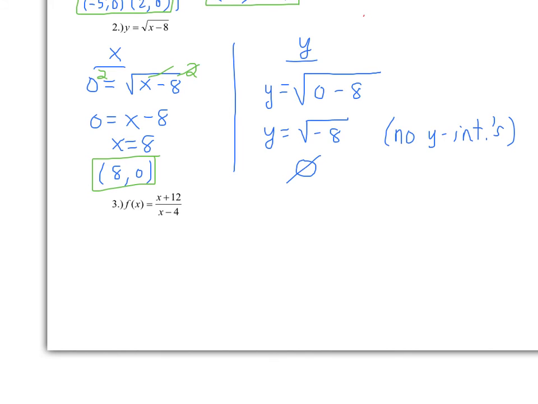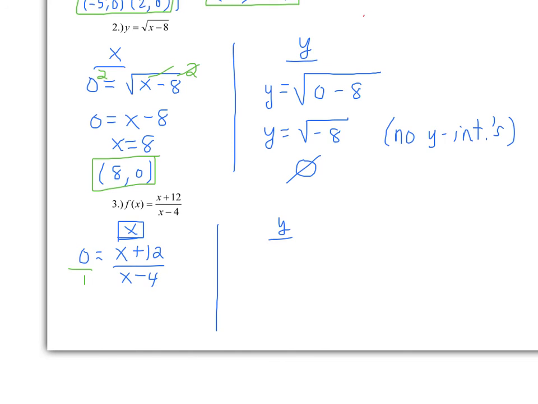Okay, our last one here. We have a rational function, which is just a function over a function. So I'm going to first define my x-intercept. I'm going to throw 0 in for y. Now, if you're wondering how to solve it, if I were to put this over 1, I bet you know what to do now. You're going to cross multiply.